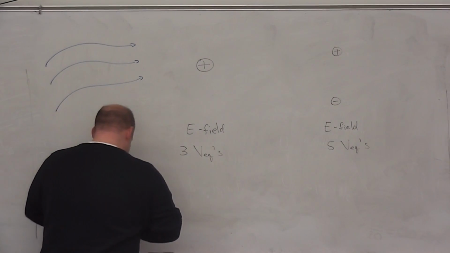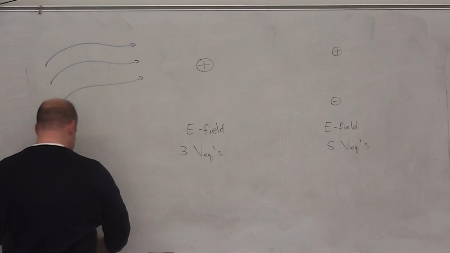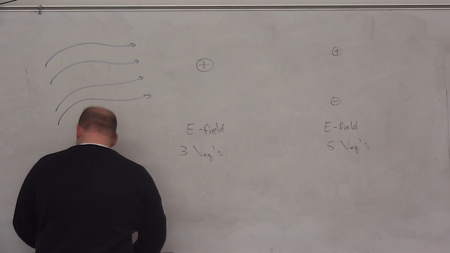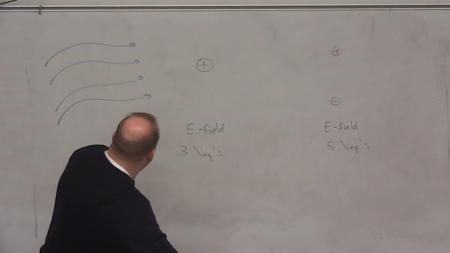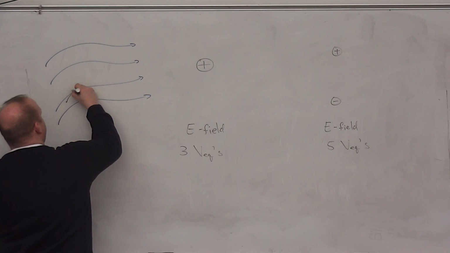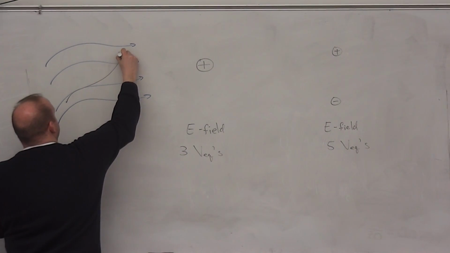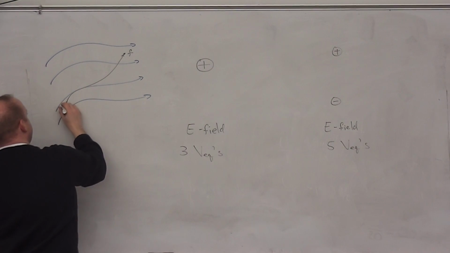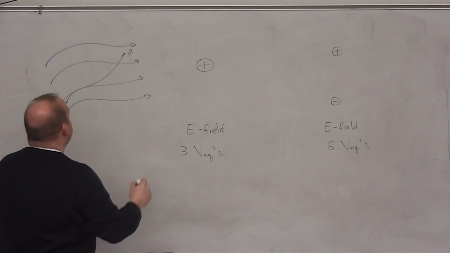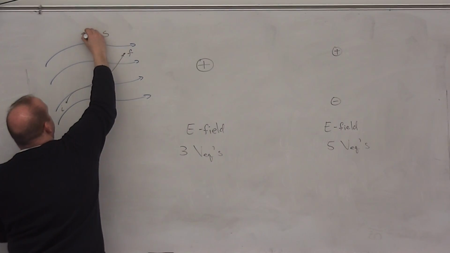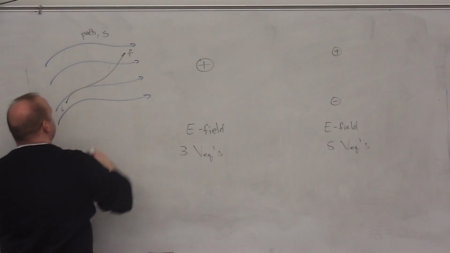I'm going to take a charge here, and it's going to follow a path to here. This will be my final point. This will be my initial point. I'm going to call that path S. Okay, path S.